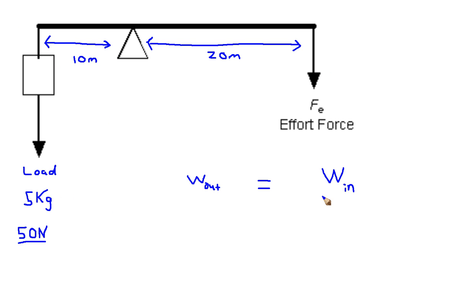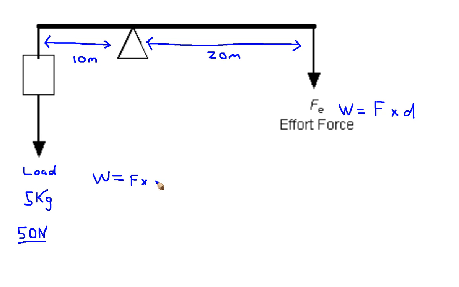And what that means is that on this side, the work that I need to do on the effort side is a force times a distance. And the work that I get out over this side is work equals force times distance. So we'll just make it clear, this is the work I'm getting out, and this is the work that I'm putting in.